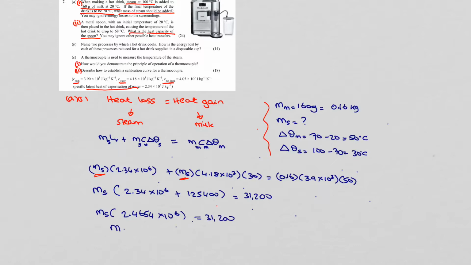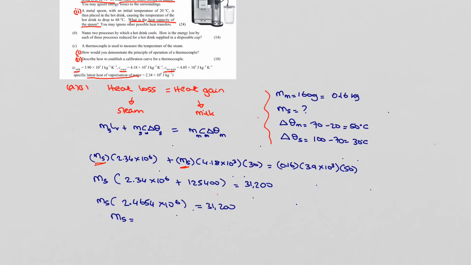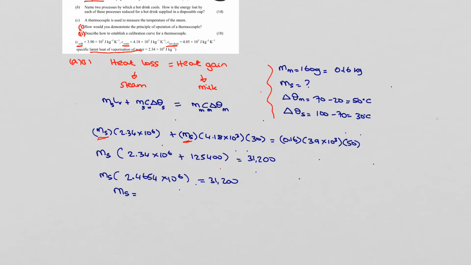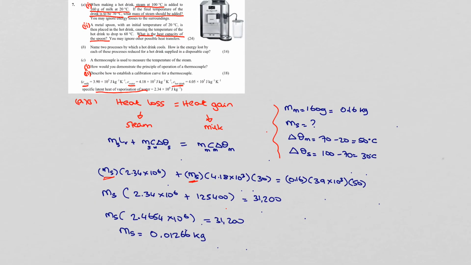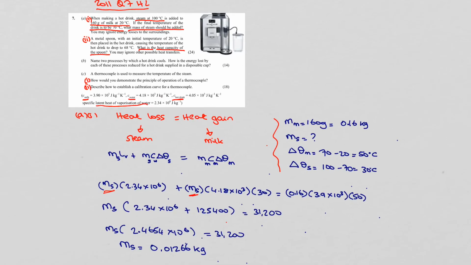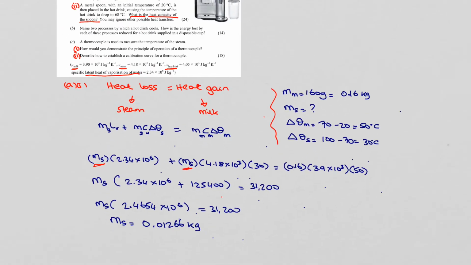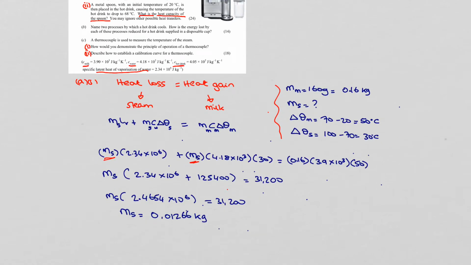And then dividing both sides across by 2.4654 by 10 to the power of 6 gives us 0.1266, and that would be kilograms. Okay, and it is only looking for the mass of the steam, so we don't have to say what it is in grams or anything like that, so we'll stick with kilograms.